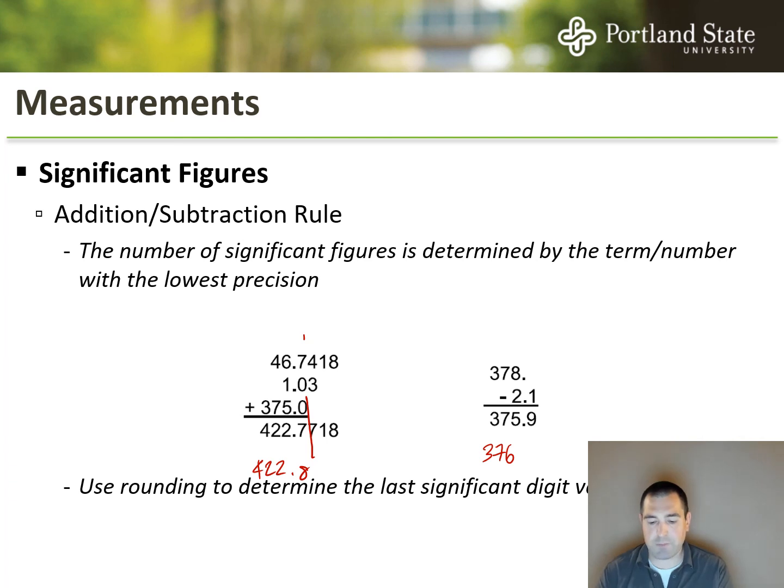And I'll often put a period after the ones digit, just to make it really clear. I think it's just nice to be verbose about that. It's more important if you have a 0 in the ones digit to put a period there to indicate that it's significant, but either way, the least precise number is going to control when it comes to addition and subtraction.